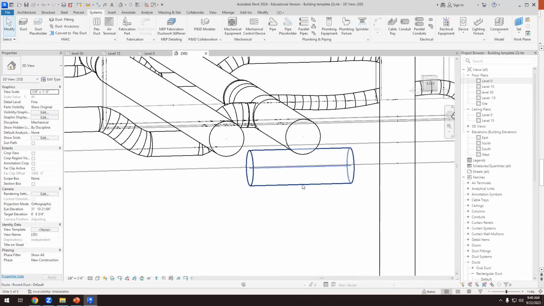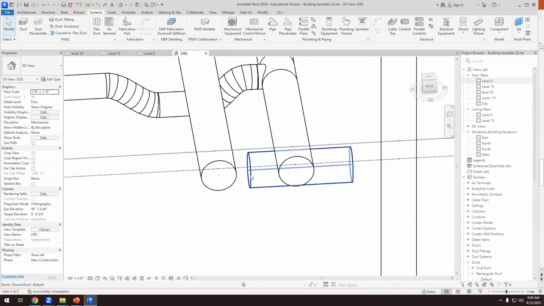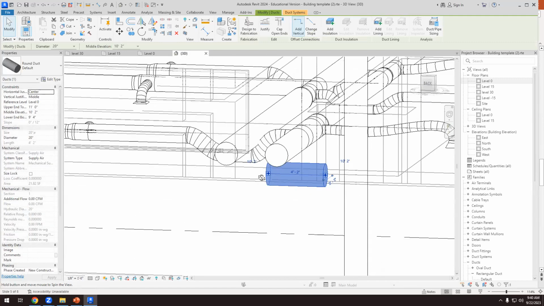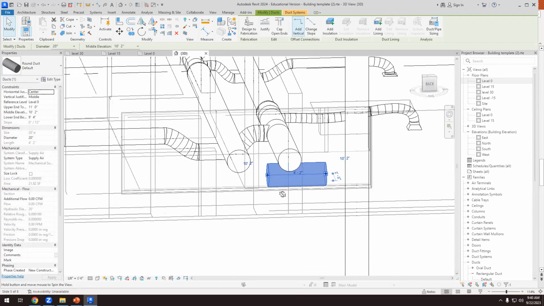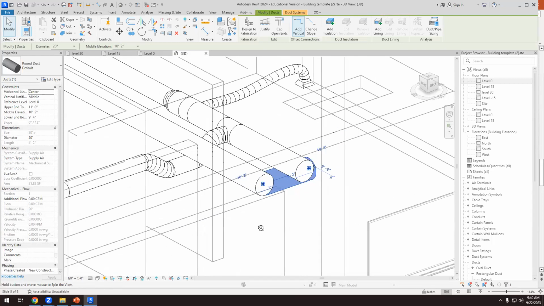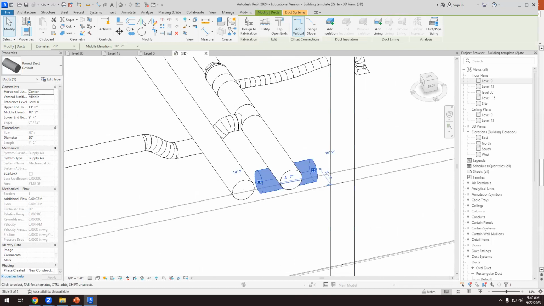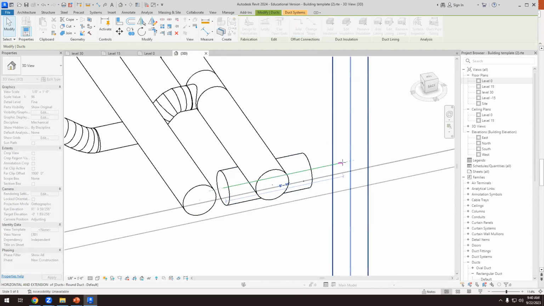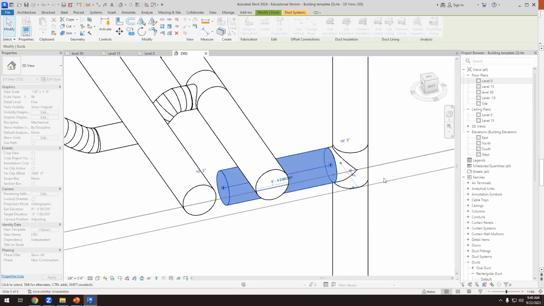And now I have to connect this to this main vertical branch, and then I have to connect this to this one. So let's try. I think if I drag this, there will be an automatic connection to the vertical.